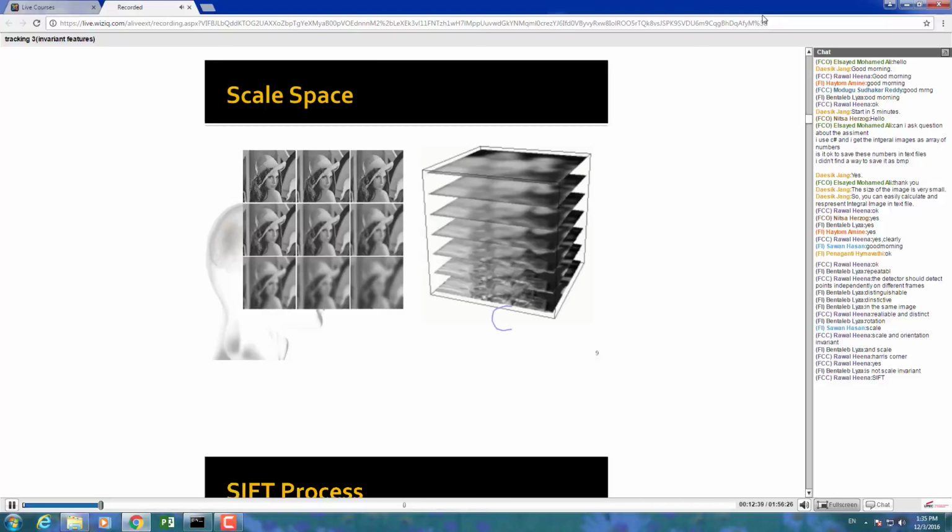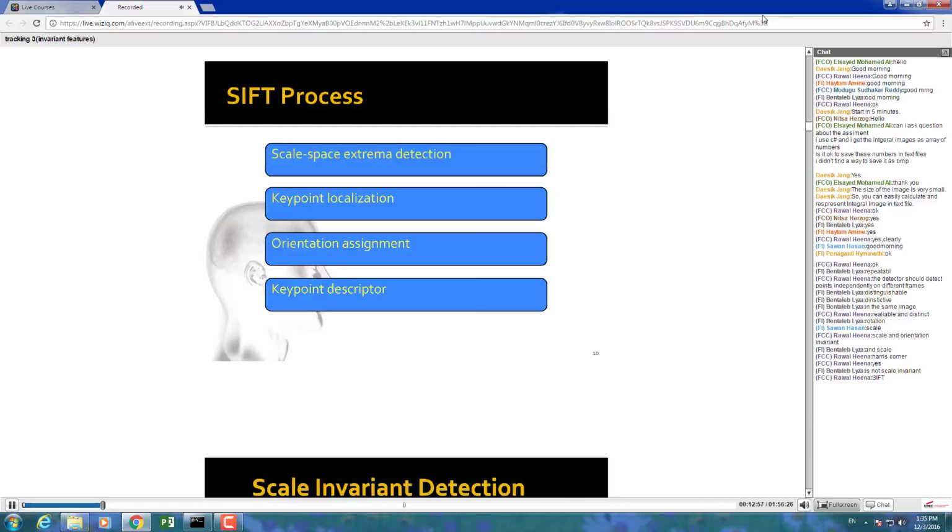At the bottom is the original image, then one Gaussian smoothing, another one, more and more Gaussian smoothing. In this way, we stack the images from the original to the Gaussian filtered images. This is the scale space. Basically, the SIFT calculation is all happening on this scale space structure.